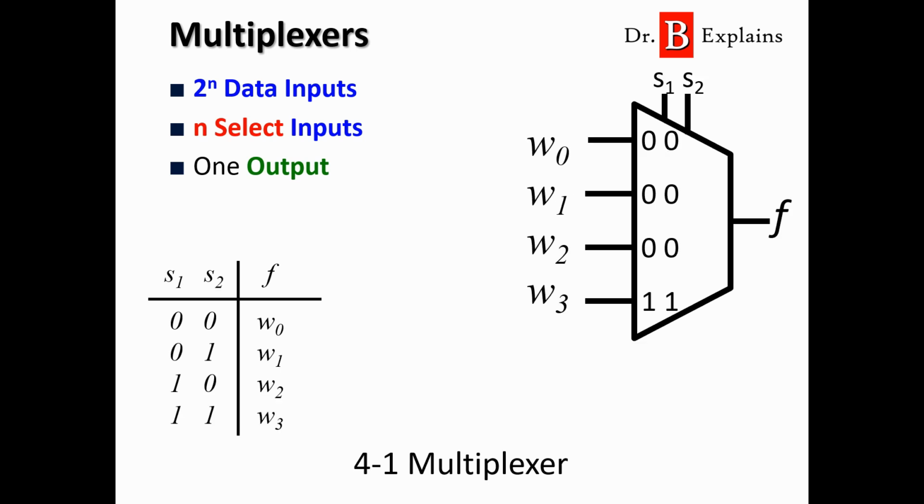In the case of the 4 to 1 multiplexer, we have 4 data inputs and 2 select inputs. So depending on the value of the select inputs, that's the value that we're going to pass to the output. So if we have 0 0, we pass the value of W0. If we have 1 1, we pass the value of W3, I'm sorry.